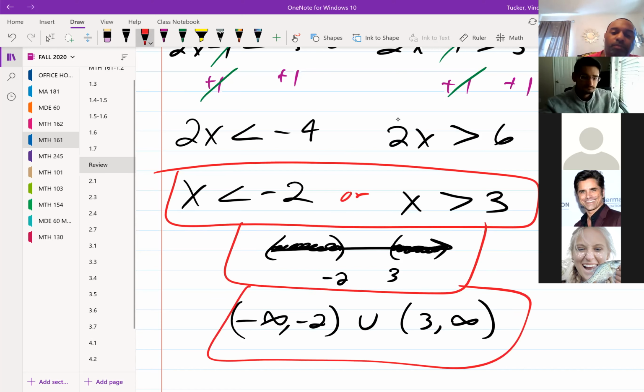And some of the problems ask you for the intersection, which is the flip of the union. You said they asked you for the intersection? I think so. You have to flip the union sign. I've got to look and see. You know what problem you're talking about? Because you shouldn't have to do that here. They might be asking for something conceptual, so I have to take a look.